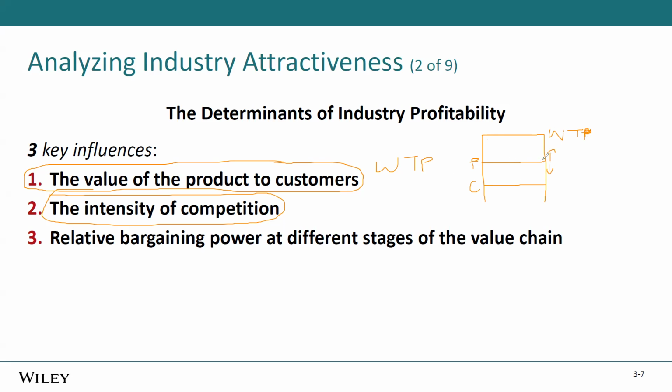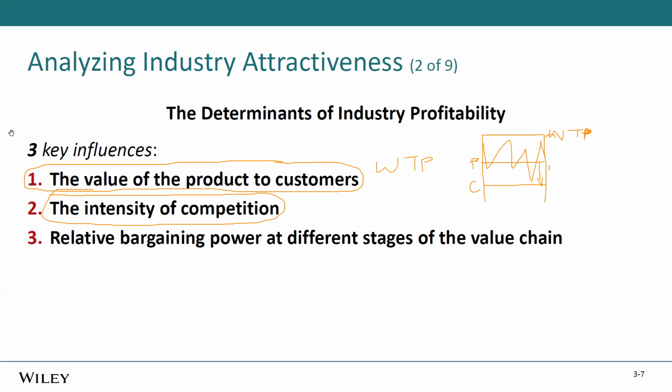If we're a monopoly, in theory we can charge the full willingness to pay because we're the only game in town, and so we'll capture all that value. However, if there's a lot of competition, then that's going to push this price closer down to our cost, and the customer is going to capture all this value.